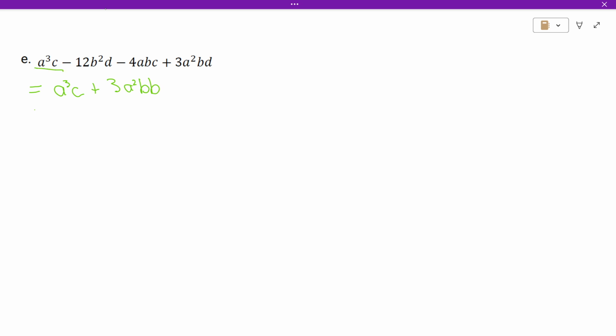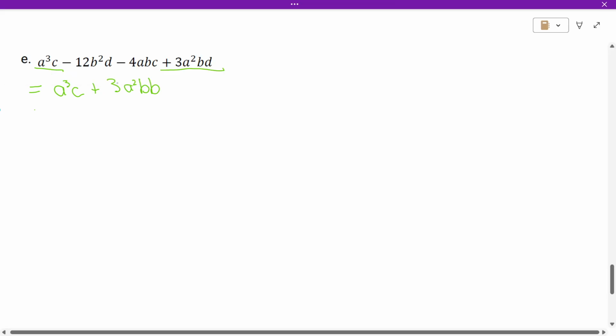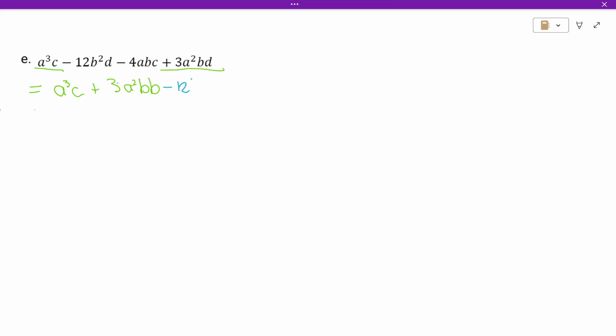Okay, we're just putting these ones together with the signs now. Okay, and then let's do in another color, let's do minus 12b^2d minus 4abc. Okay, now we've got them all grouped up.